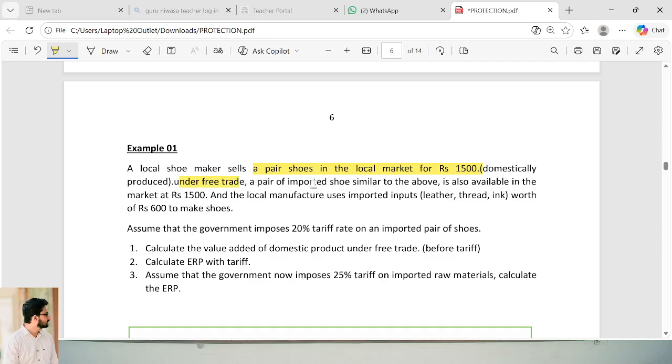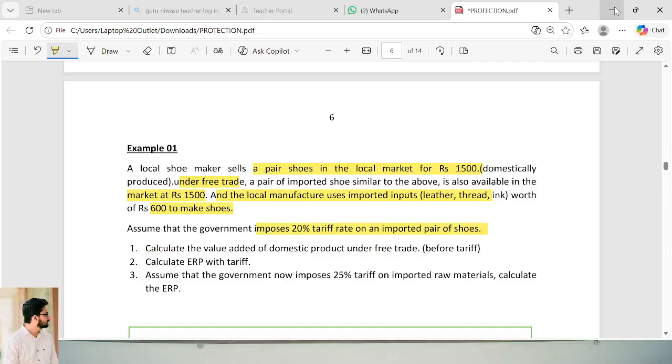A pair of imported shoes similar to the above is also available in the market at 1,500. And the local manufacturer uses imported inputs, leather, thread, ink, worth 600, to make shoes. Assume that the government imposes a tariff rate of 20% on imported pairs of shoes.